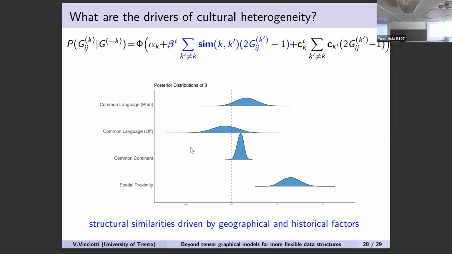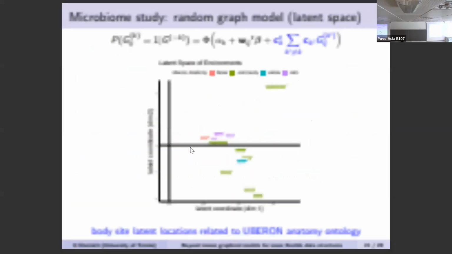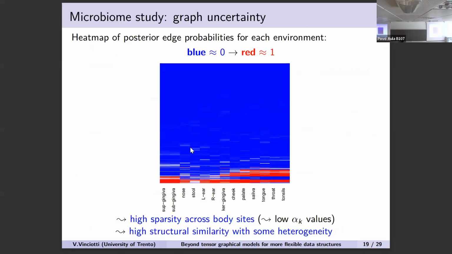The other thing I could say is that I showed here, for example, each edge gets a probability. So you have a range between 0 and 1, and you can say, okay, this edge is strongly in the graph or not.